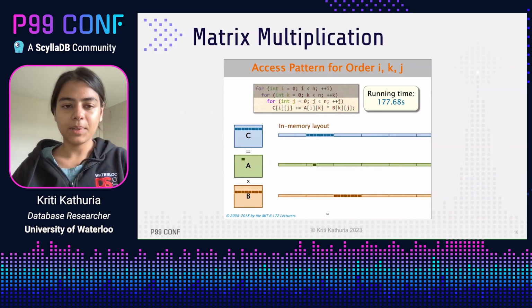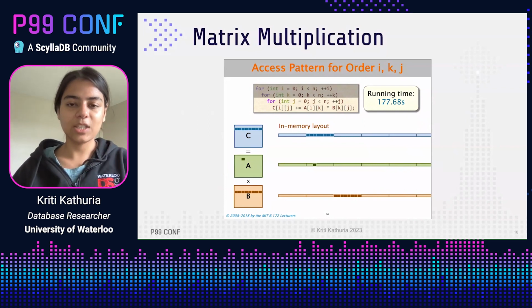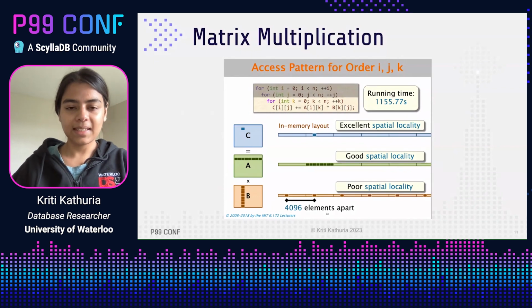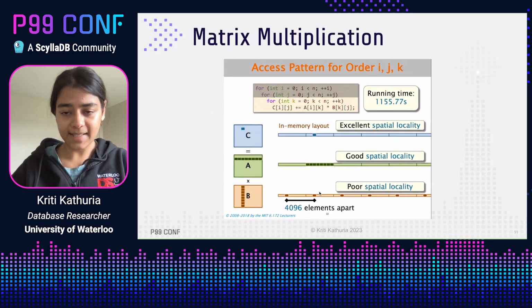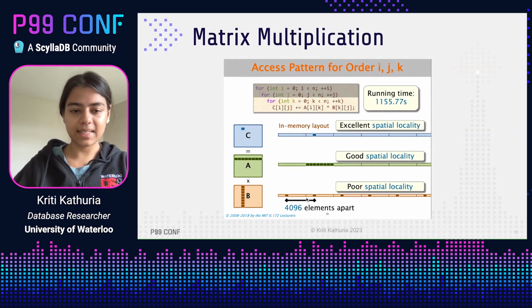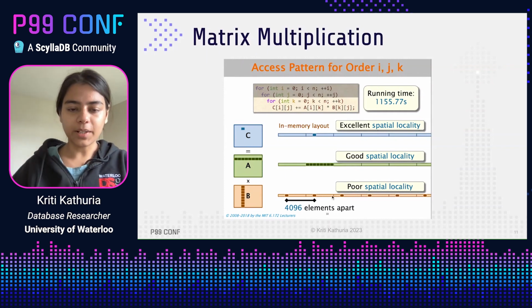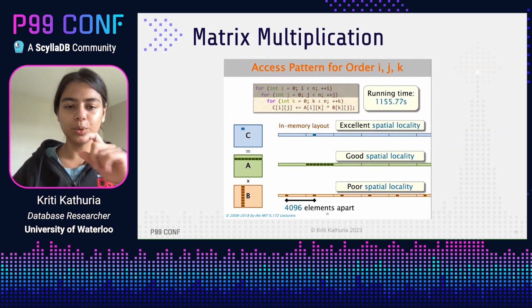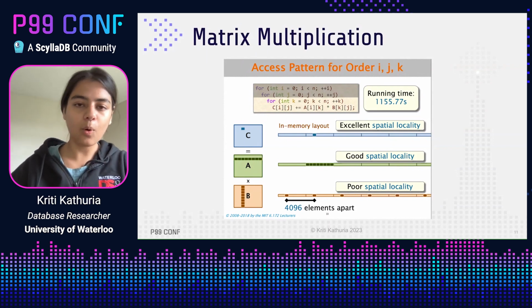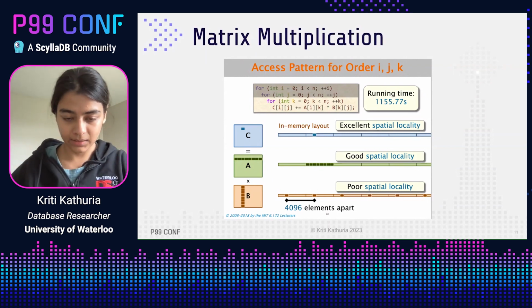Let's see an example where the access is not as optimal. With this particular access pattern, whenever you need something in C or A, you've already brought it into your CPU caches. But with B, since the data is stored in a row major order, you bring in one row and you use one value out of it, and then to access the next value, you go out to the memory and you bring it back in.